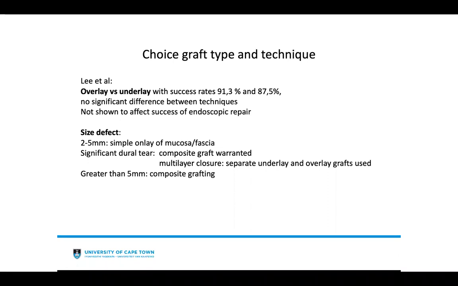If you want to look at the size of the defect and gauge an idea of what graft you should be using, 2 to 5 millimeters, the literature says you can use a simple onlay of either mucosa or fascia. If there's a significant dural tear, you might want to consider composite graft. And in this case, you'll do a multi-layer closure with separate underlay and overlay grafts. If it's bigger than 5, you would also opt for composite grafting.